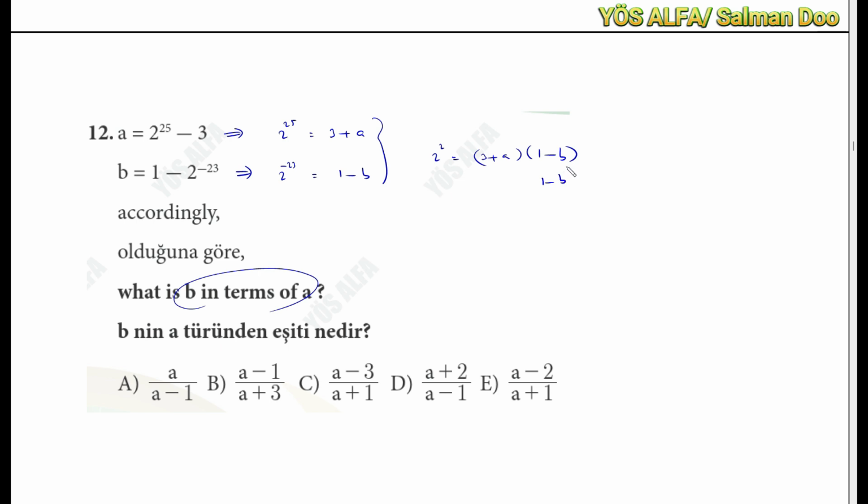So I keep b on one side of the equation, and I will write it this way. 3 plus a over here. So b is going to be 1 minus 4 over 3 plus a. So 3 plus a as the common denominator, and we have 3 plus a minus 4. The result is a minus 1 over a plus 3. So the answer is B.